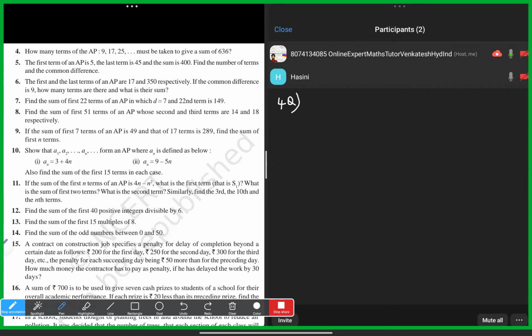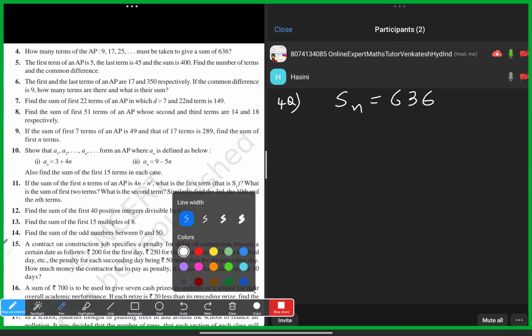Means if you add some n number of terms, like 6 terms or 7 terms or 8 terms or 10 terms, the sum should be 636. Sn is given, we need to find n.